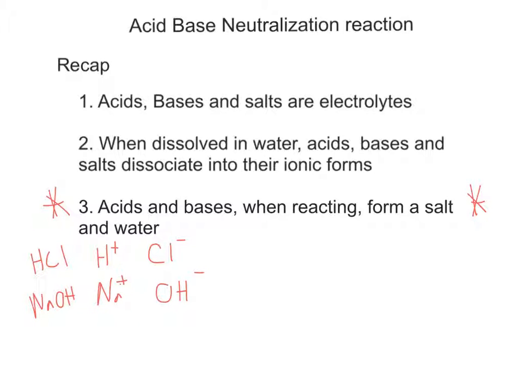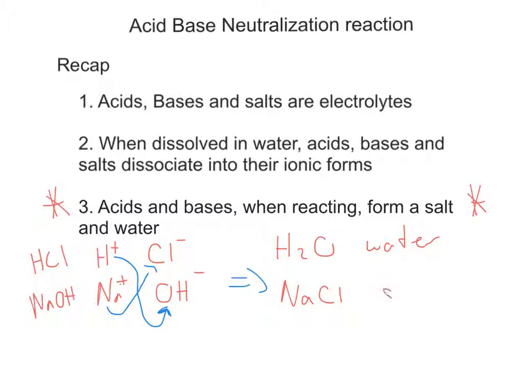So in this case, our hydrogen ion is going to form a bond with our hydroxide group, and our sodium ion is going to form a bond with our chloride ion. So this produces H2O, because we have 2 hydrogens and 1 oxygen, which is our water, and our salt of sodium and chloride.